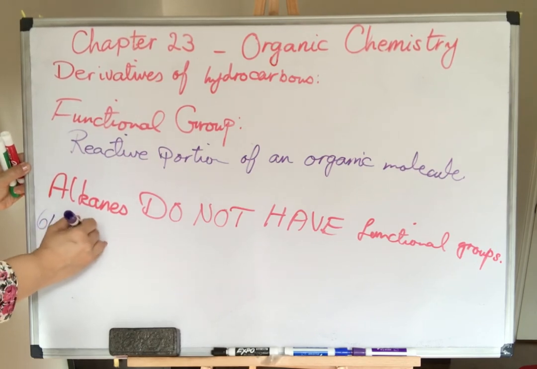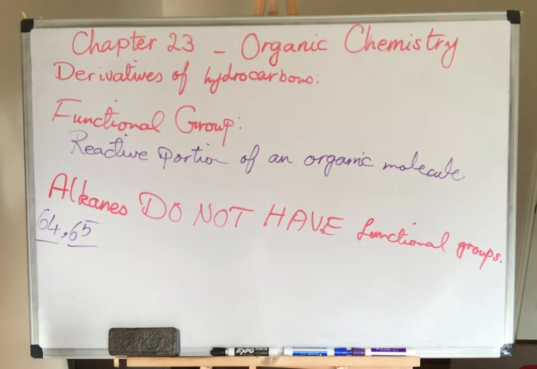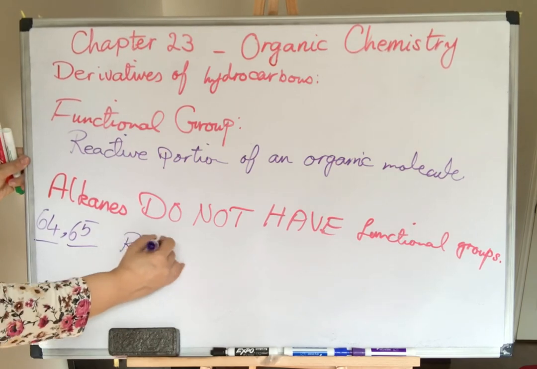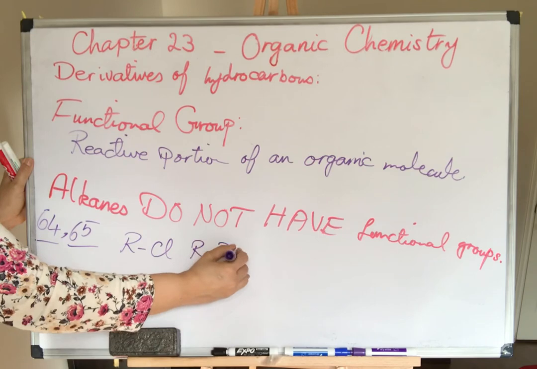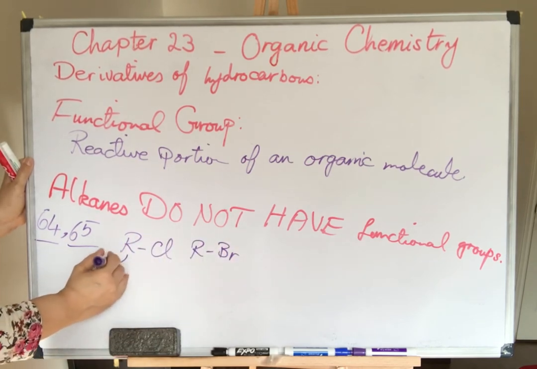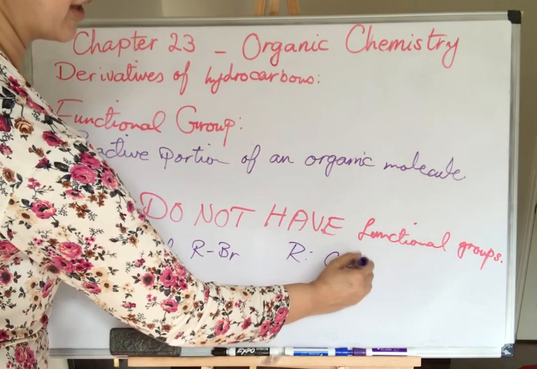Some famous functional groups are given, and those are the functional groups that are given in the exam. For example, if you have RCl or RBr, R is the alkyl group. R is the combination of carbon and hydrogen, okay?